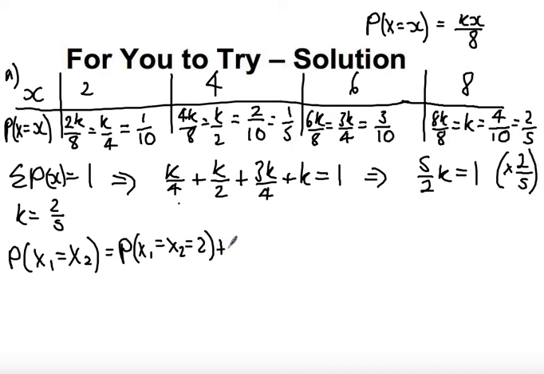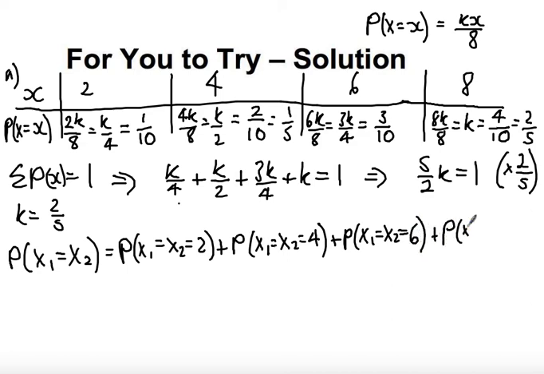And this is just a slightly different way of writing things. It's still the intersect. It's just a quicker and neater way of writing it. Plus the probability x1 equals x2 equals 4, plus the probability x1 equals x2 equals 6, and finally plus the probability x1 equals x2 equals 8.